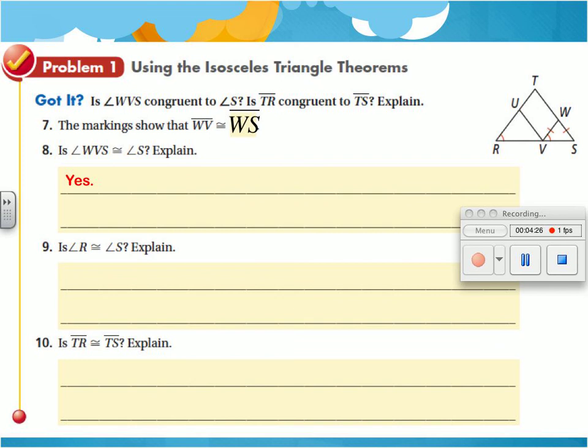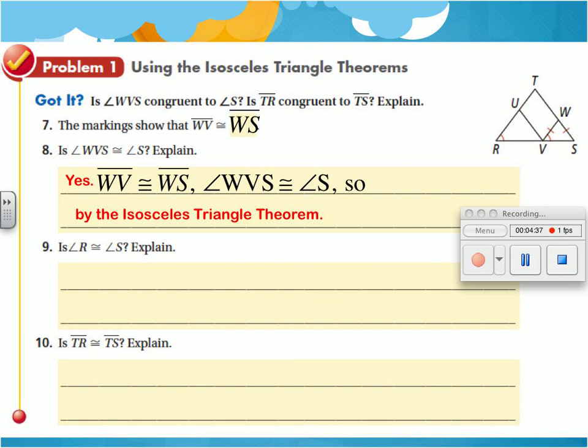So our question is, is angle WVS congruent to angle S? And obviously it is, yes, because if you have a triangle with WV congruent to WS, angle WVS is congruent to angle S, so they are congruent by the isosceles triangle theorem. If two sides of a triangle are congruent, then the angles opposite those sides are congruent also.